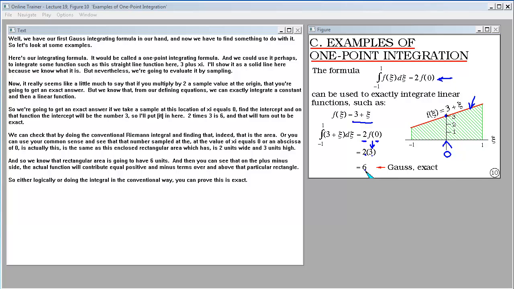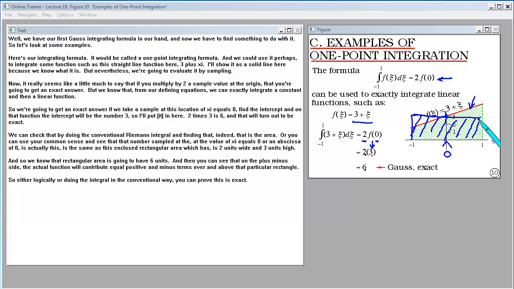We can check that by doing the conventional Riemann integral and finding that indeed that is the area. Or you can use your common sense and see that that number sampled at the value of c equals 0, or an abscissa of 0, is actually the same as this enclosed rectangular area, which is 2 units wide and 3 units high, and so we know that rectangular area is going to have 6 units.